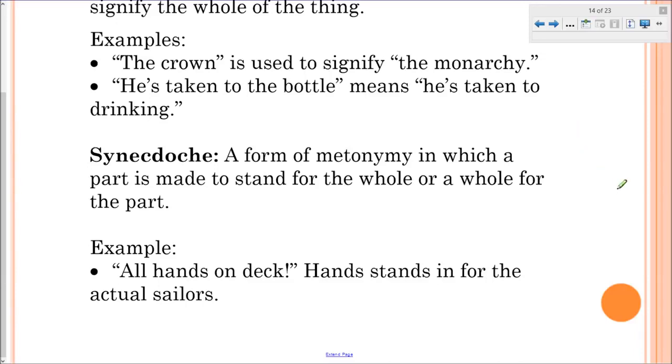Hands stands in for the actual soldiers, and I'm hoping that that example actually reminds us of one that we've already seen so far during Of Mice and Men, when we had Steinbeck using that hand motif, and every time we saw a description of the hands, it became emblematic of the character that we were looking at in that particular example.